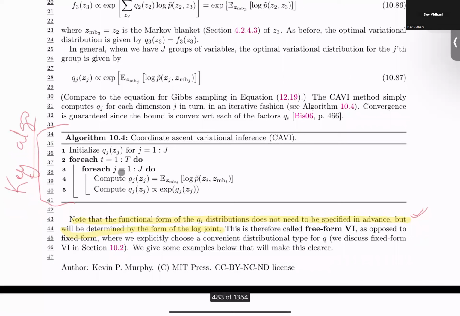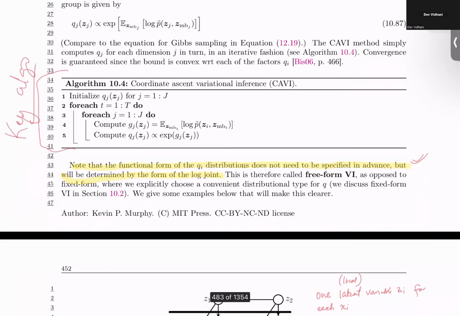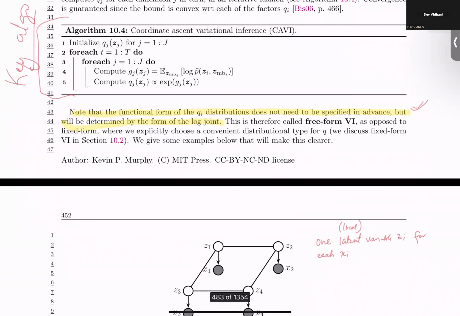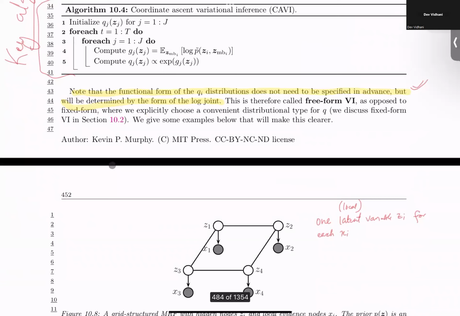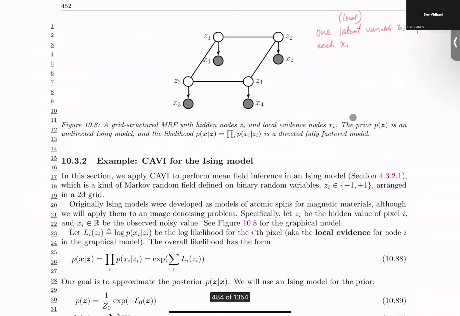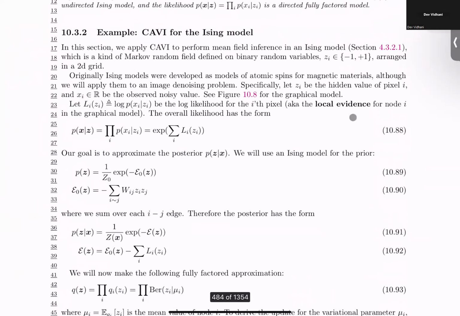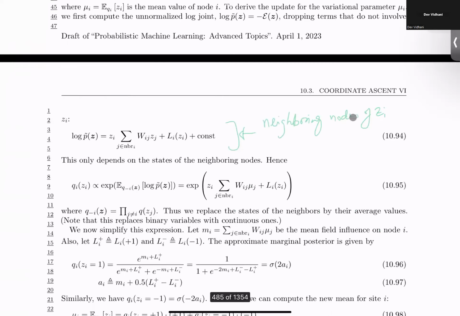And SVI, the stochastic variational inference, initially used the mean field approach in the past. So I will, again, not go into details of that. As I've mentioned earlier, this is the free-form VI. I will not go through the example here, but again, there's a lot of math to just showcase it works for the Ising model. But the core concept is that the latent variables are all independent.